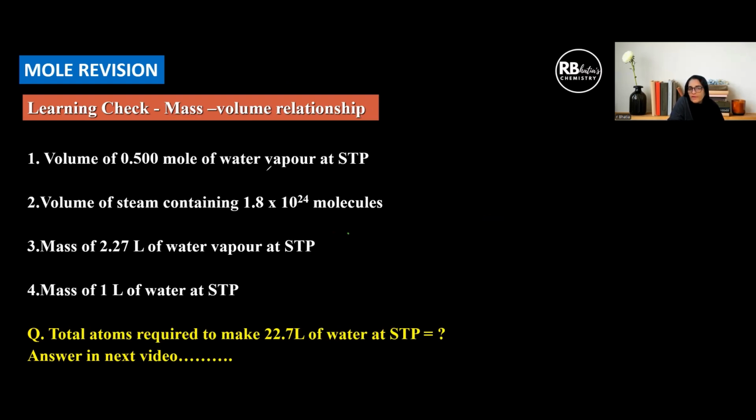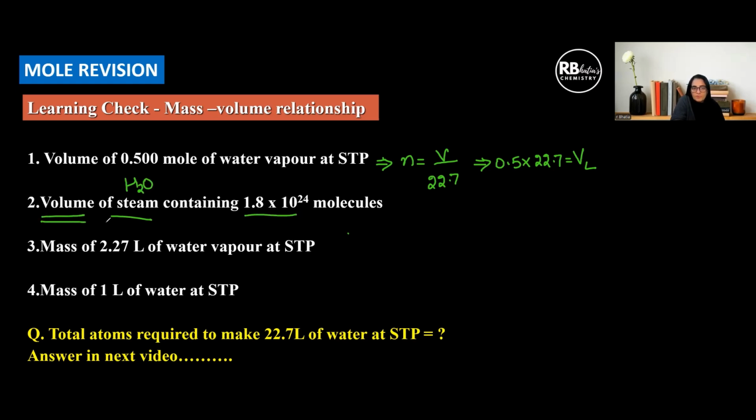Volume of 0.5 mole of water vapor. So now we are using mole in terms of volume. It's going to be this formula, which means 0.5 into 22.7. This is going to give me volume in liter. Volume of steam, which chemically means water vapor, containing these many molecules.